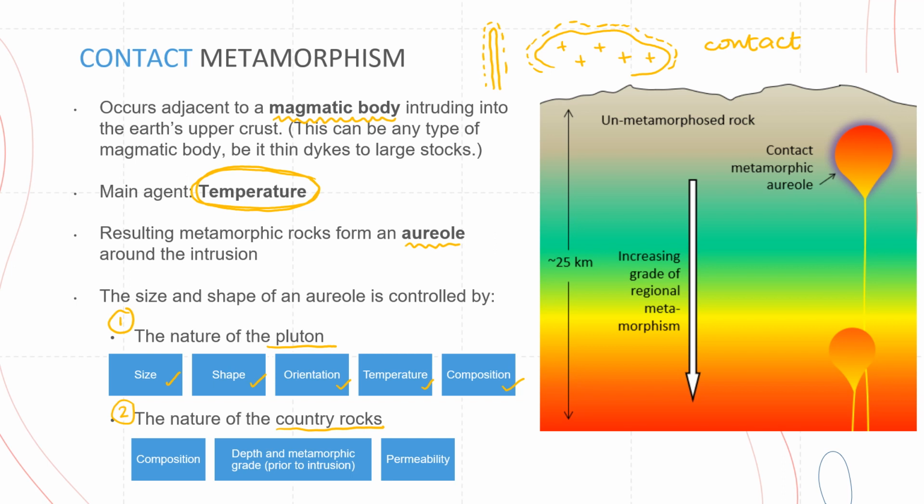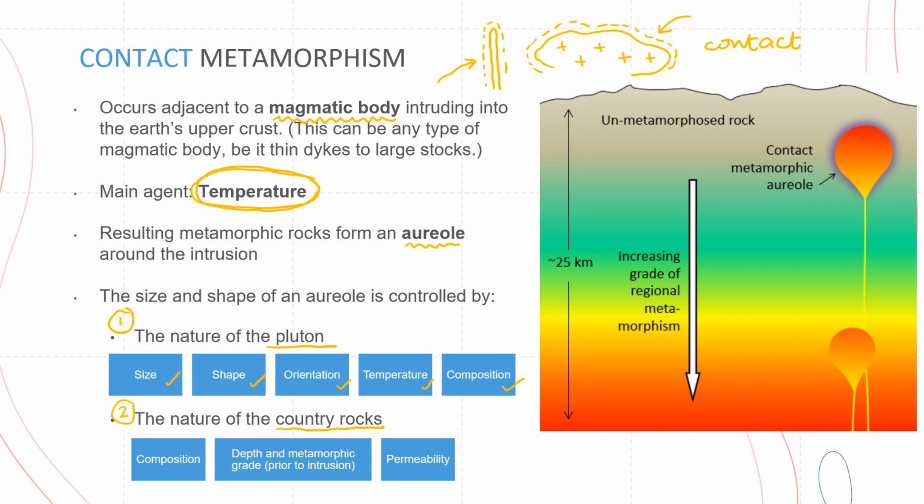As you can imagine, if it was a smaller intrusion, like our dike, you would expect a smaller contact aureole. And if you had a larger intrusion, like our stock here, then you would expect a larger contact aureole, which spans over a larger area.